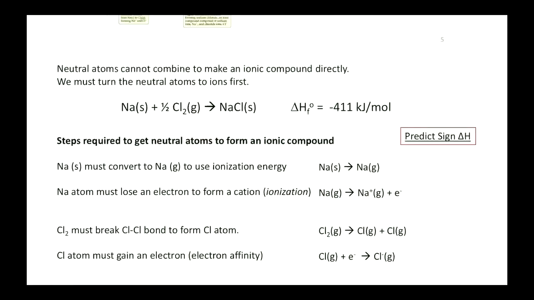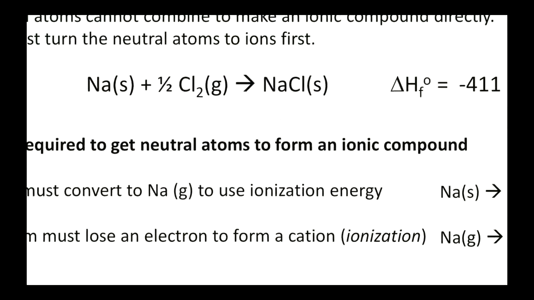All right, so let's think about the individual steps to get us there. Here's the formation reaction again. Sodium chloride is made up of a sodium plus and a chloride minus, a cation and an anion. But on our reactant side, do we have ions? No, they're neutral. We can't take just neutral atoms and shove them together to get an ionic compound.